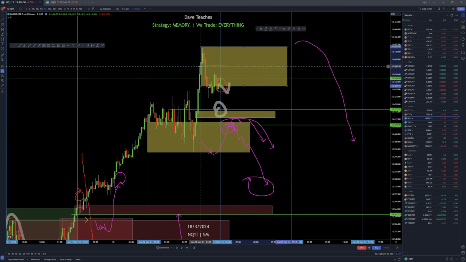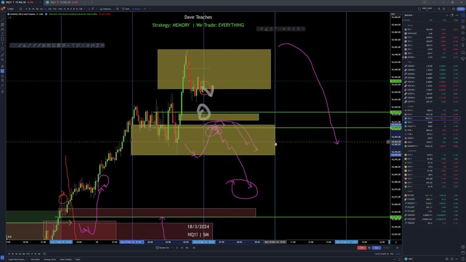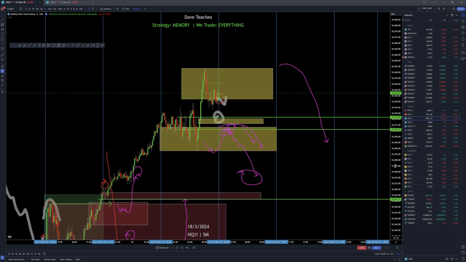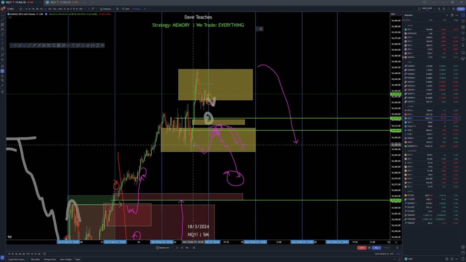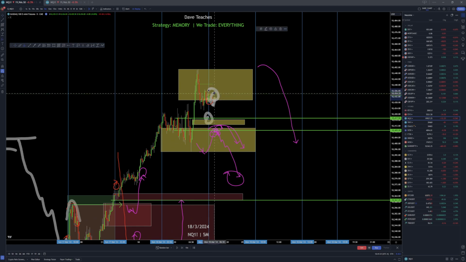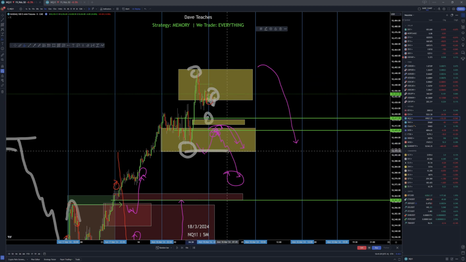So now if you frame it this way, here's a new 4-hour candle open with a low and a high that both have a wick, right?